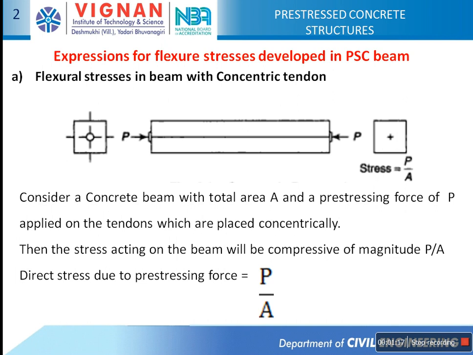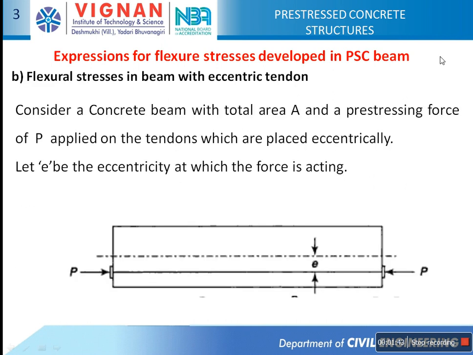We call it direct stress. So the direct stress due to the pre-stressing force will be P by A, where P is the magnitude of pre-stressing force and A is the area of the concrete beam. This stress will be compressive in nature all over the beam.